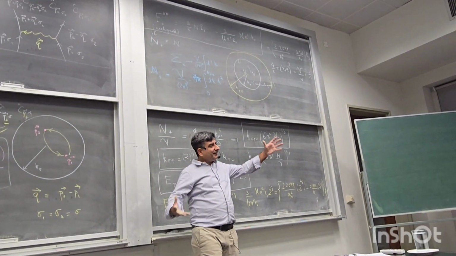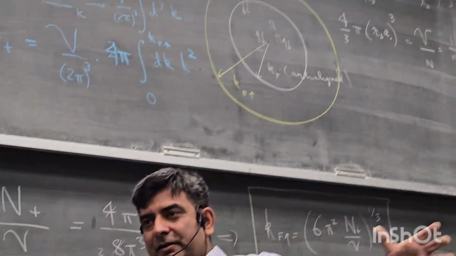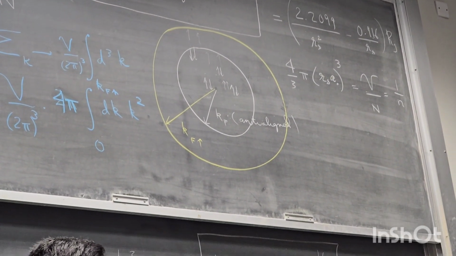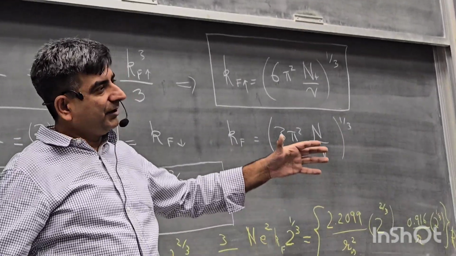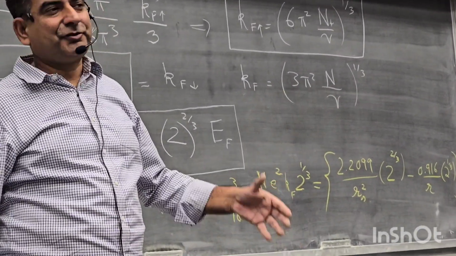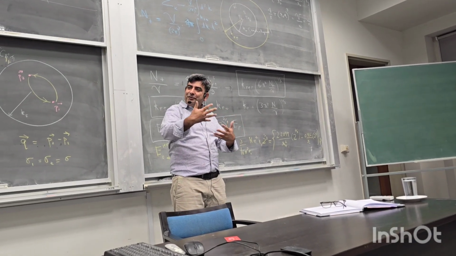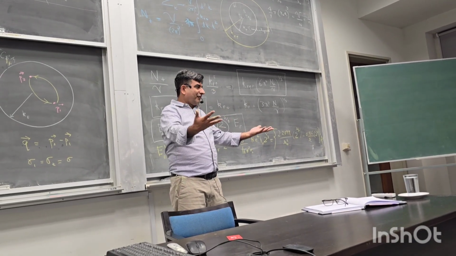So even though the kinetic energy of the system goes up, because the Fermi volumes are bigger for the aligned case, for the ferromagnetic case, the drop in potential energy is even larger. So the overall energy goes down, and that happens for certain values, certain threshold of rs.